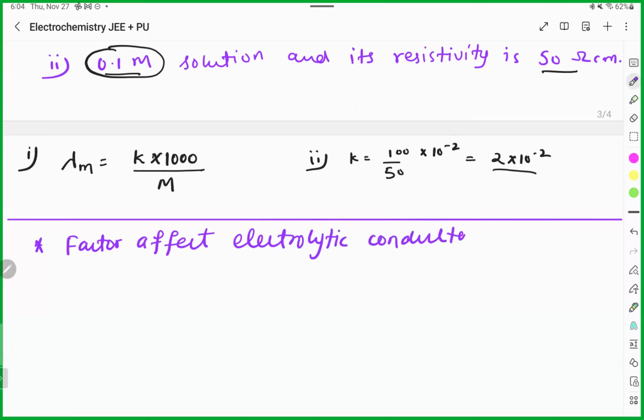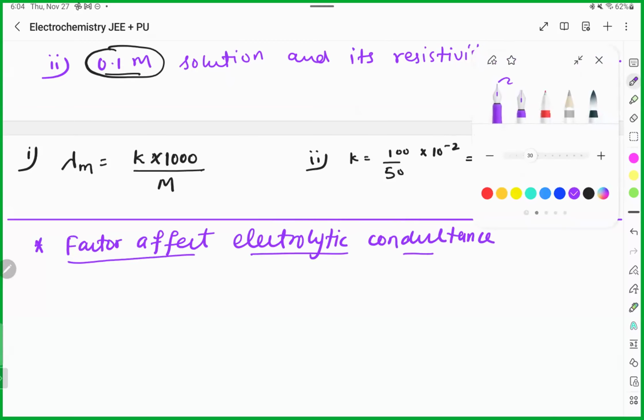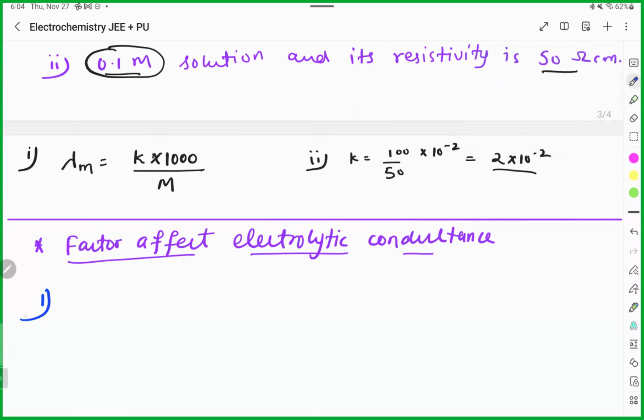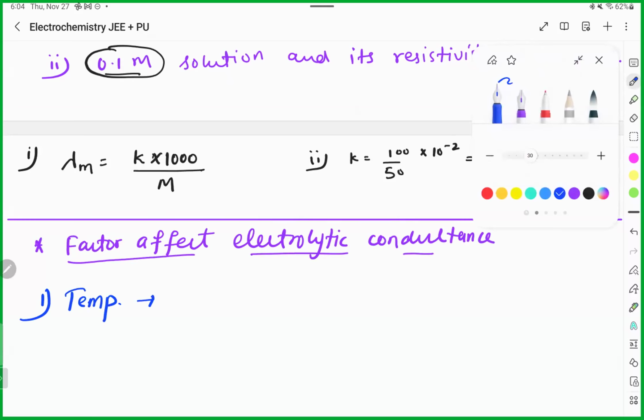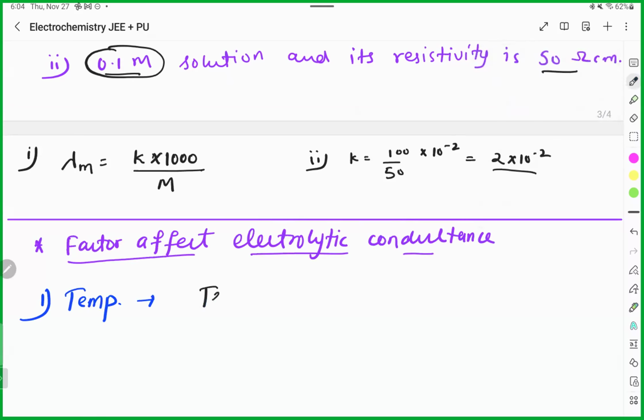So we get more ions that can conduct electricity. So we know simply if temperature is increased, conductance will increase and resistance will decrease. Correct? For an electrolytic conductor. Right? Chinmay, what is the second factor? Second factor: if temperature increases, conductance increases.